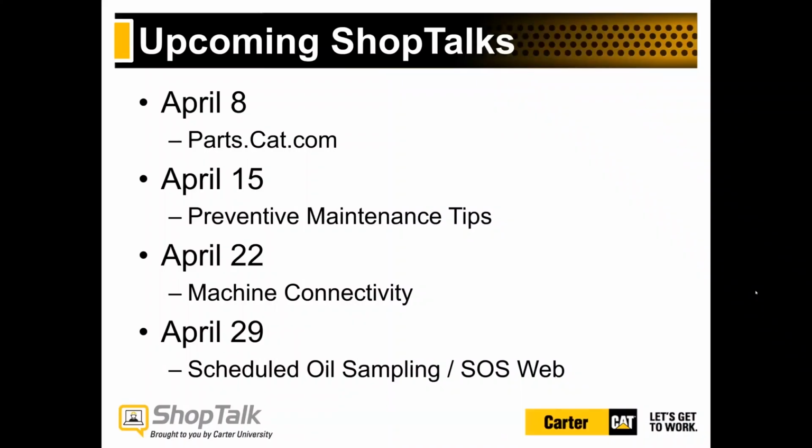The upcoming Shop Talks: we have a Shop Talk on April the 8th on parts.cat.com. The week after that, there are some preventive maintenance tips and contamination control that we're going to go through. And then the fourth week of April there's machine connectivity. We're going to talk about a few different topics in the machine connectivity world.